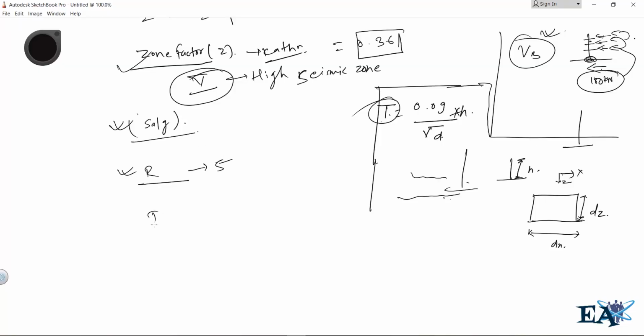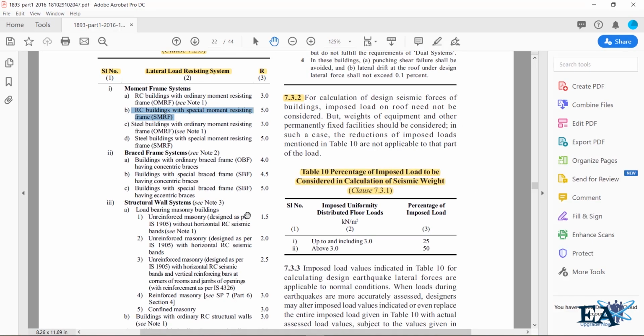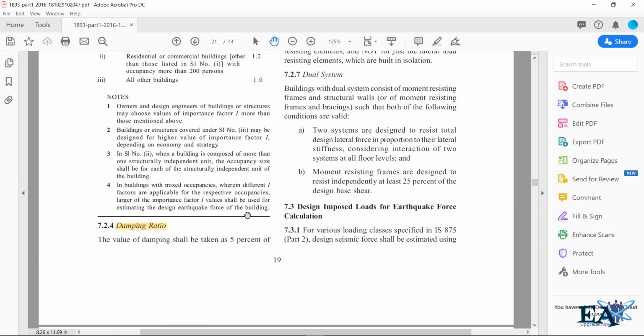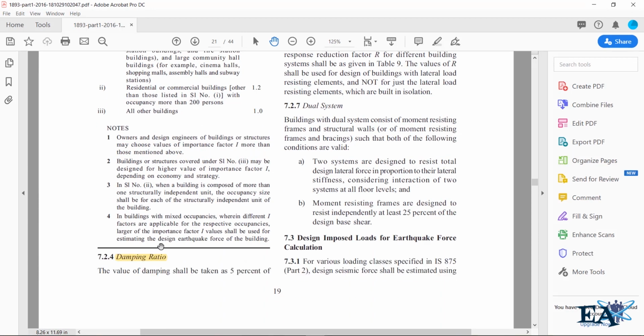Next is the importance factor, and let us see how we calculate it. Okay, where is the importance factor? Okay, so damping ratio, let me shortly talk about it. Damping ratio means how well the vibrations in the building go into damping, or disappear in the structure. So we take the damping ratio as 5%.